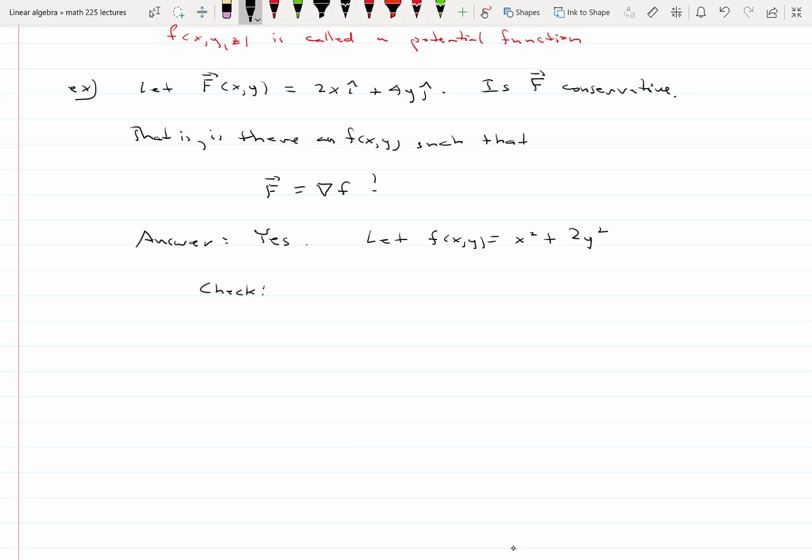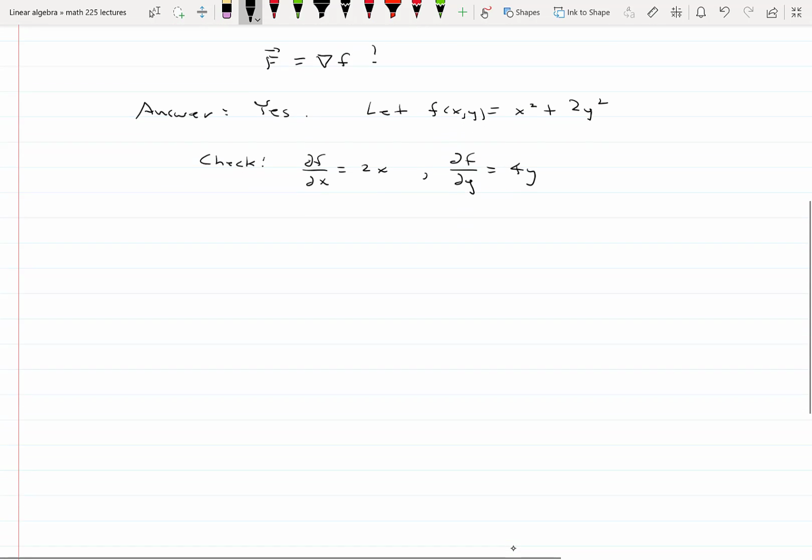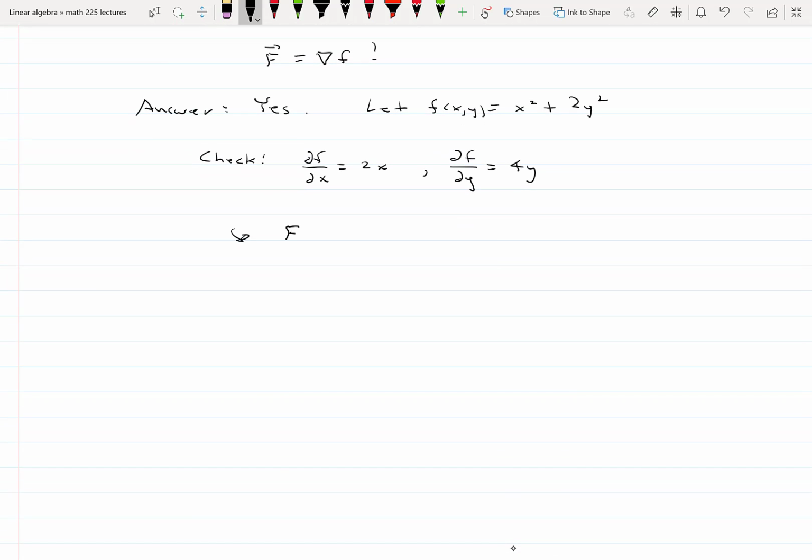The partial of f with respect to x is 2x, and the partial of f with respect to y is 4y. So capital F, the vector field, equals the gradient of small f. And that's what makes a conservative field a conservative field.